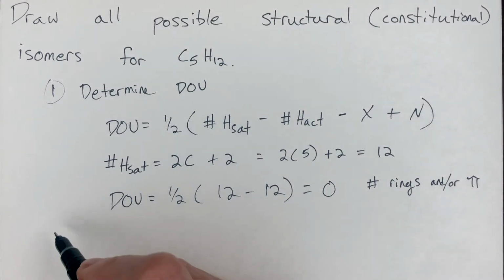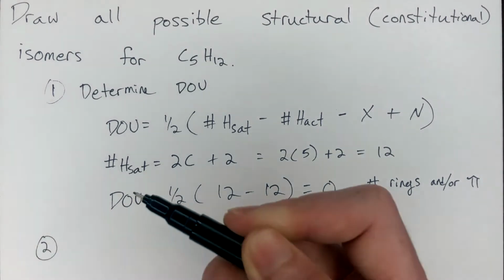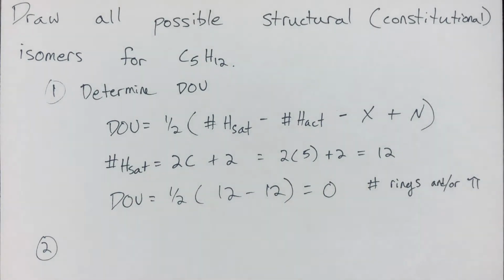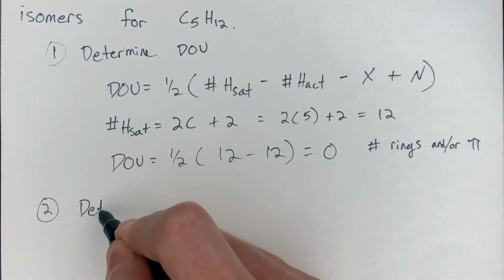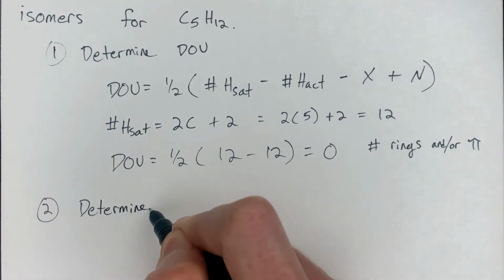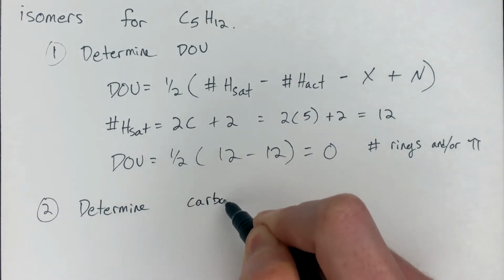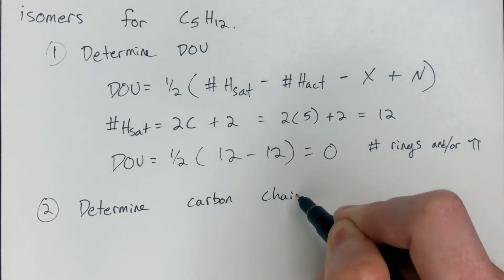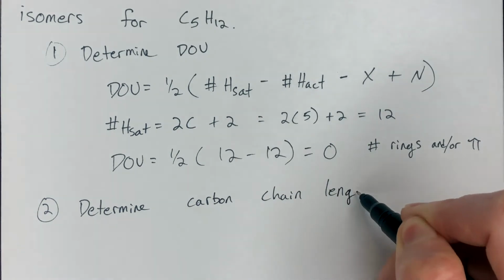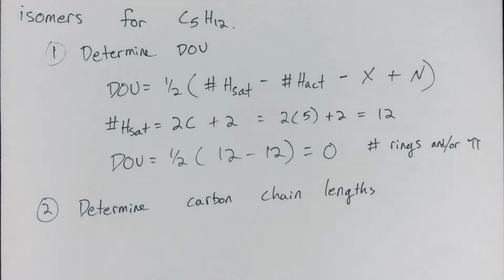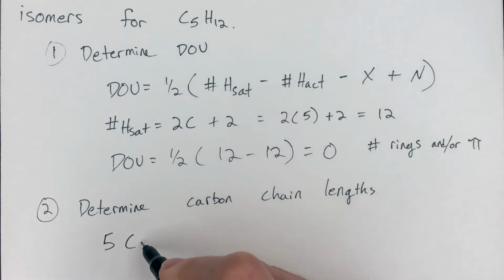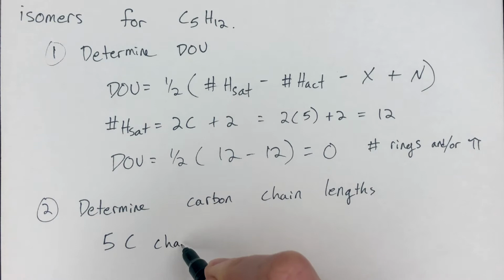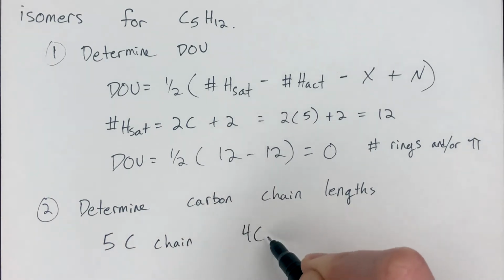So next, you want to determine all of the possible carbon chain lengths that you can have. Here, the easiest one to start with is a 5 carbon chain. That would be the entire compound. We can have a 4 carbon chain.